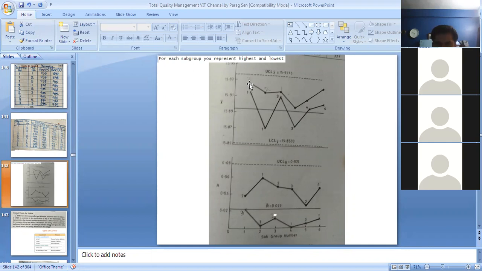So if your highest and lowest values are within the control limit, then you don't need to show it, because you can understand that for the first shift your process is within control.